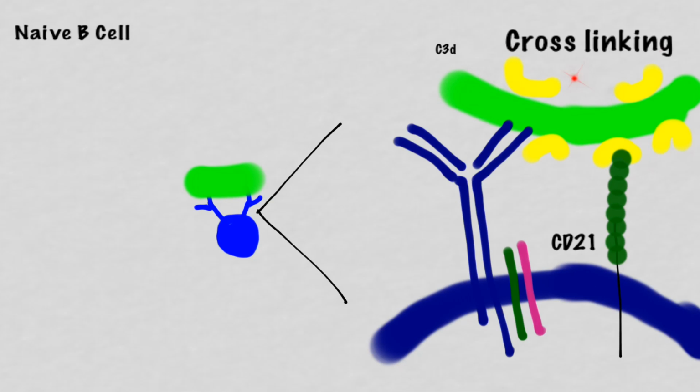So when C3d lines a pathogen, as it's doing here, complement receptor 2, or CD21, on the surface of B cells can bind to it. In this case, CD21 is serving as that second signal, that cross-linking signal, to tell the B cell, hey, you found antigen, do something.